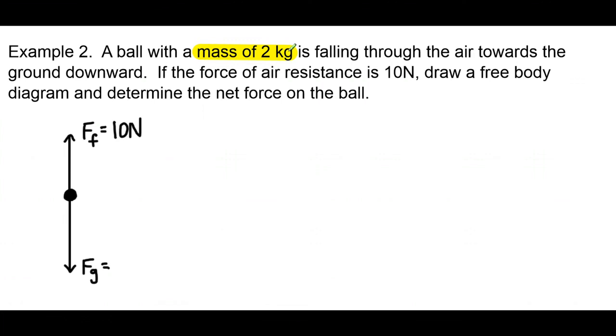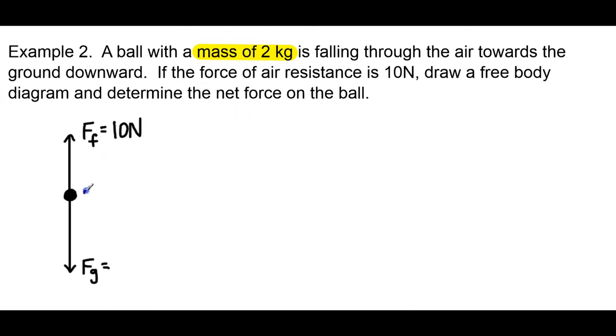Remember yesterday's note, we dealt with the difference between mass and weight. If we want to know the weight of something, it's also the same as saying the force of gravity on that mass. So even though they don't tell us the gravity force, because we have the ball's mass, we can calculate what that gravity force is. So add that to your diagram anytime you're given information about this.